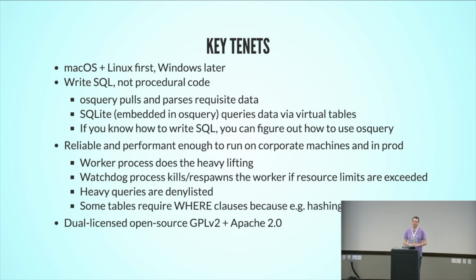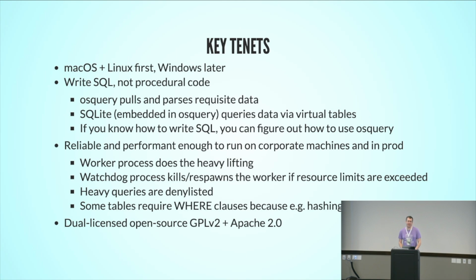The idea here is that instead of writing a whole bunch of bash scripts or using some other tooling to pull information from a machine, everything is an SQL table. Now, that SQL table might be a single row, but at that point, at least you can get it in a consistent interface.